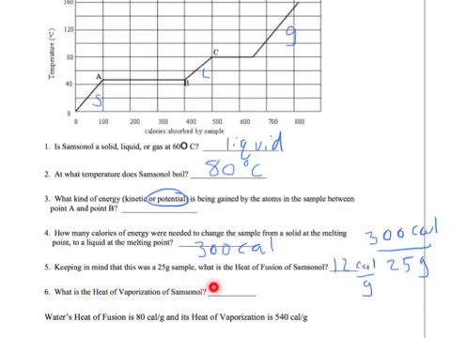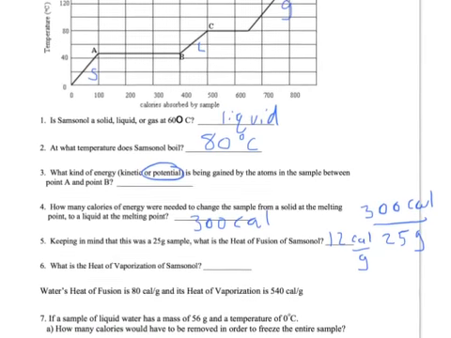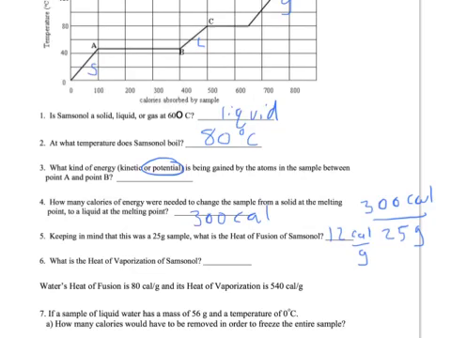What is the heat of vaporization of Samsonol? Well, what I have to do is figure out how much energy. Let me move this up a little bit. So basically, the heat of vaporization is how many calories per gram it takes to get from a liquid at the boiling point to a gas at the boiling point. Now, between here, where it's a liquid, and here, where it's a gas, is 150 calories.